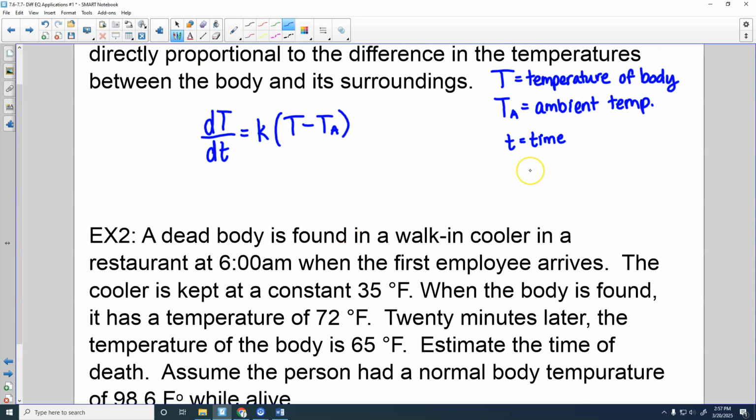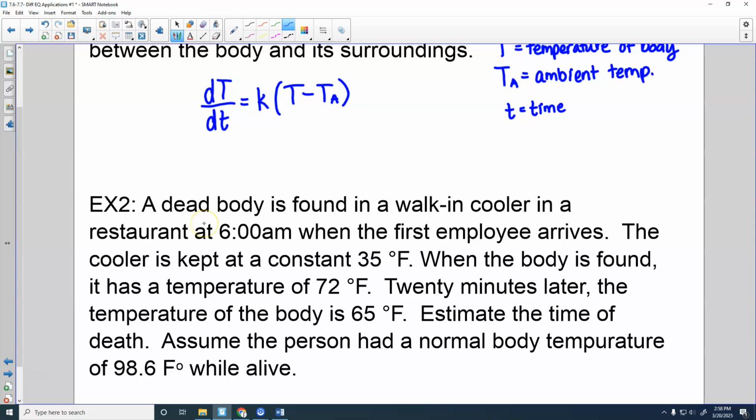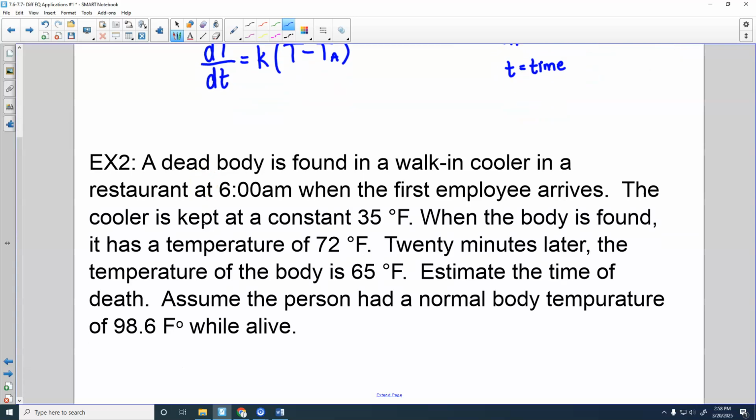So one of the very useful things that can be used here is forensics. So if you have a situation as I have here, a dead body is found in a walk-in cooler in a restaurant at 6 a.m. when the first employee arrives.